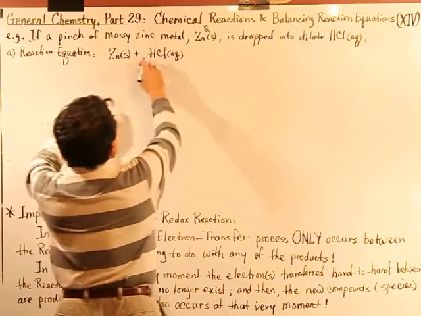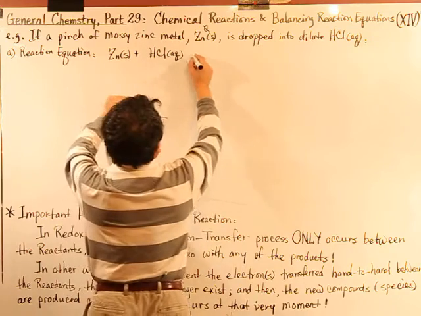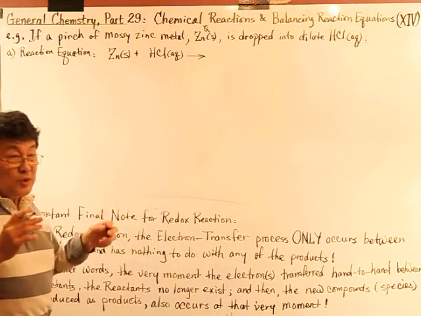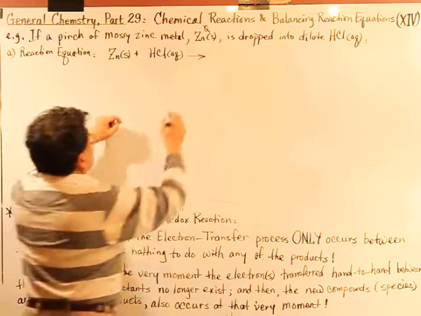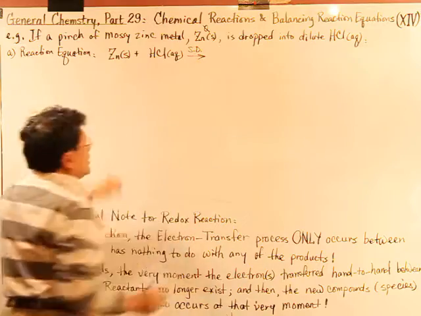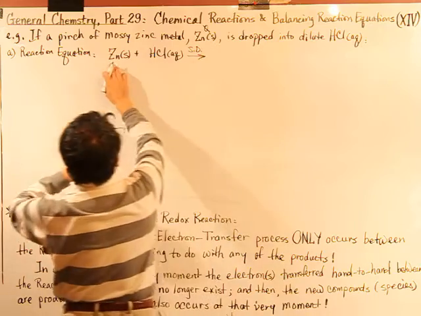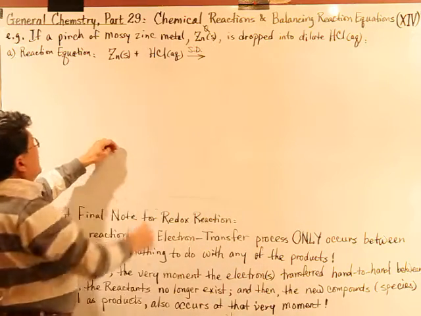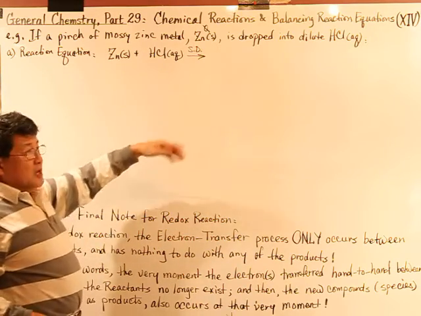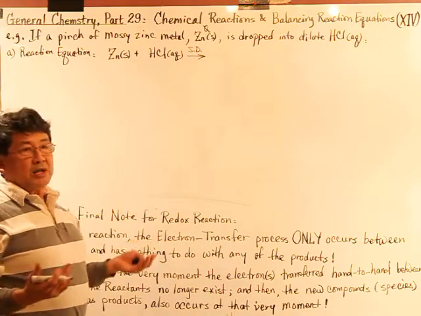All right, now I leave some space in front so that we may need to put a coefficient as we balance equations. And then that is a single displacement or single replacement reaction. So let me just put down SD for single displacement. It goes in one direction, irreversible, and what happens is the zinc replaces the hydrogen atom in the hydrochloric acid to make zinc chloride, and then the hydrogen will be released as gas molecules out of the solution.